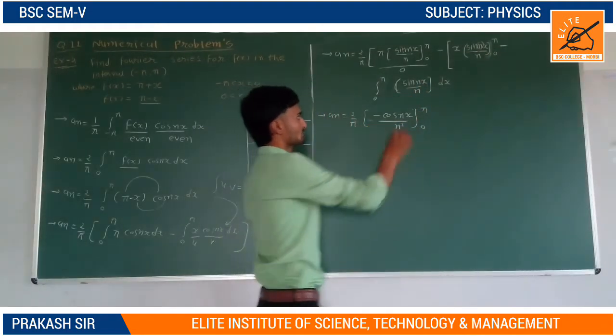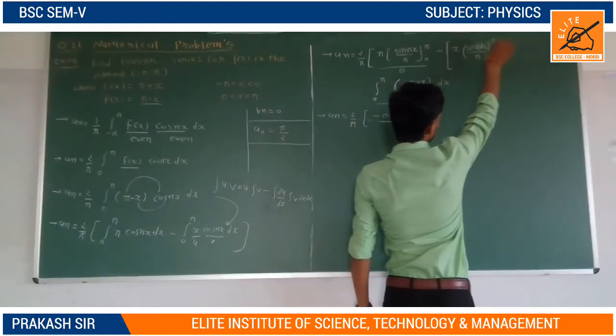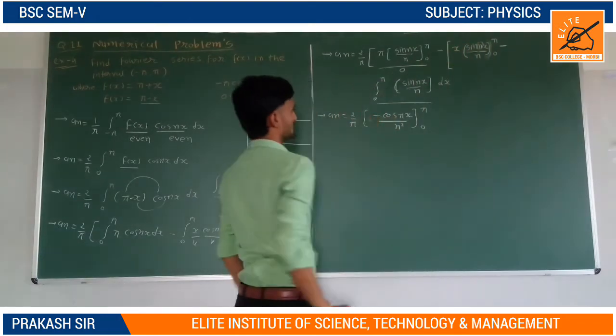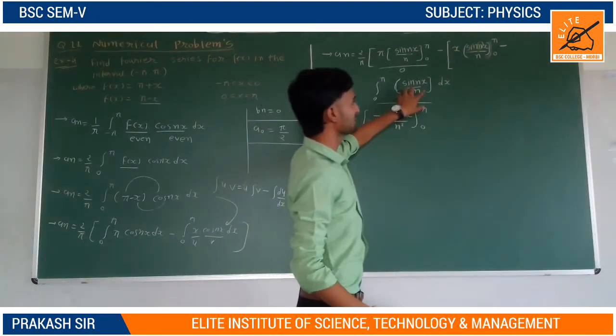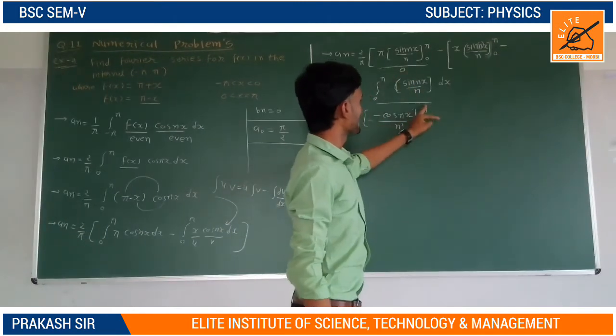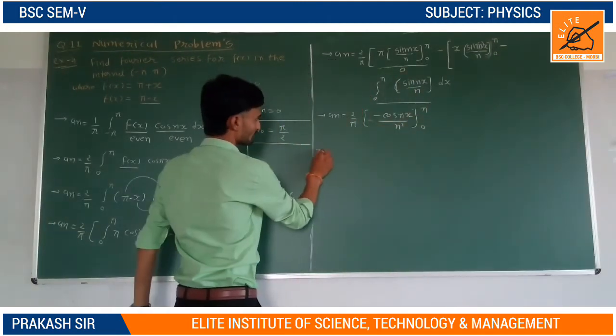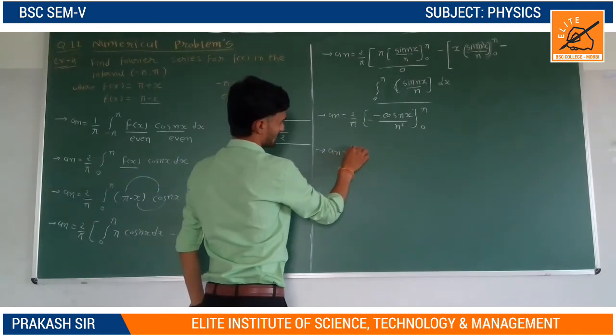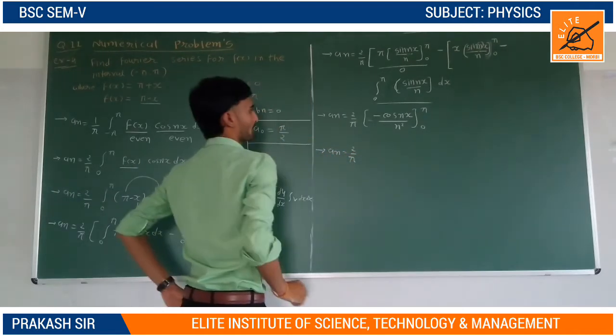Now third term. Minus sign into minus sign, minus plus, okay, so plus, and sin integration of minus cos nx upon n square, upper limit pi and lower limit 0. So a_n is equal to 2 upon pi.